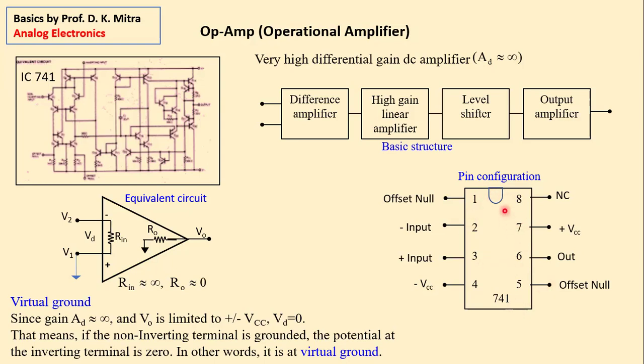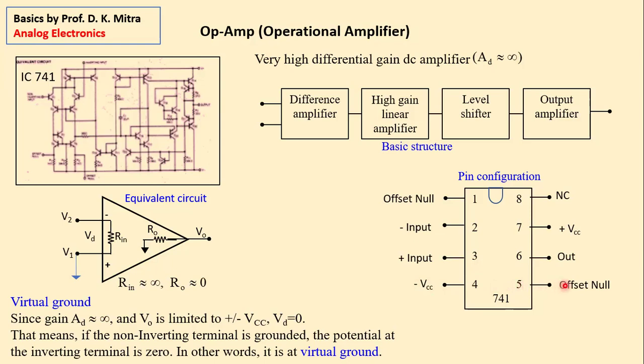Now these pins are like this. Pin number 1 is offset null. I'll explain what offset null is. Pin number 2 of the IC is always the inverting input, negative input, that is this input. Pin number 3 is the positive input, that is this input. Pin number 4 is minus VCC, that is connected to minus 10 volt.